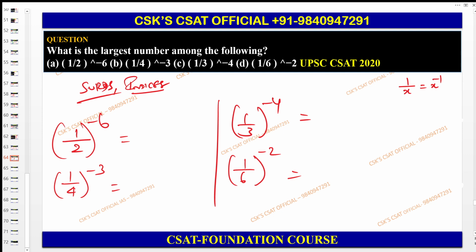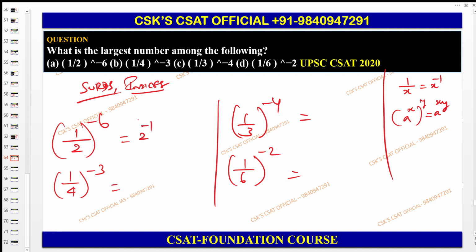If the base comes from the denominator to the numerator, then the power becomes negative. One more logic: a power x to the power y is a to the power xy. Powers get multiplied. If you know these two logics, you can easily solve this question.